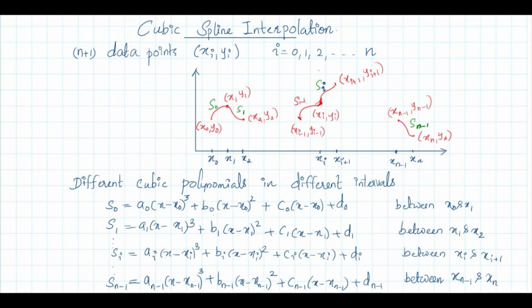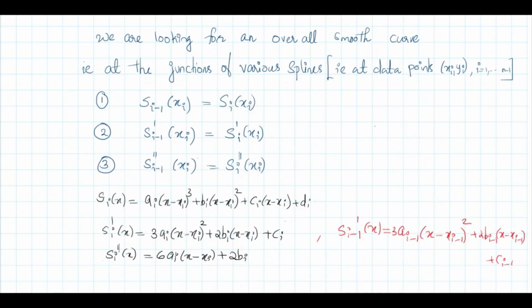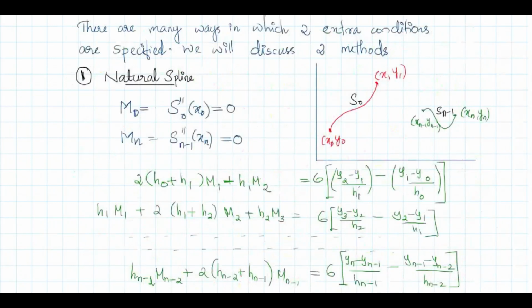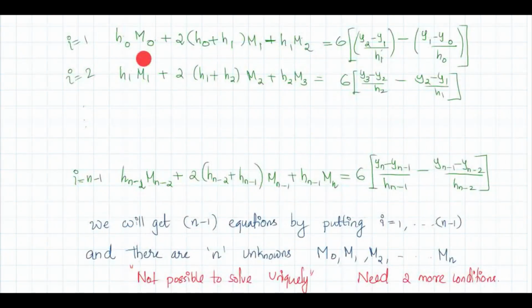These are not known initially because we do not know the equations for these splines, so these second derivatives are also unknown. How many unknowns are there? Starting from m0 to mn, there are n plus 1 unknowns.